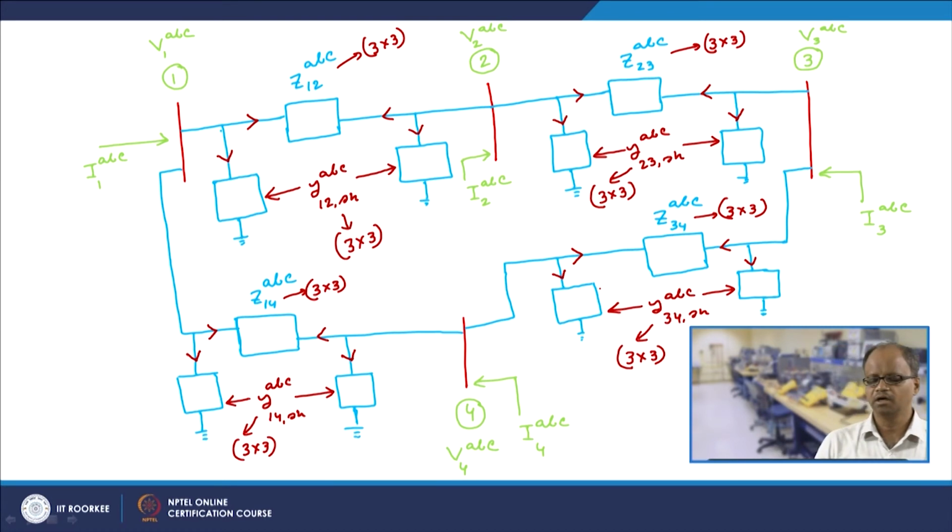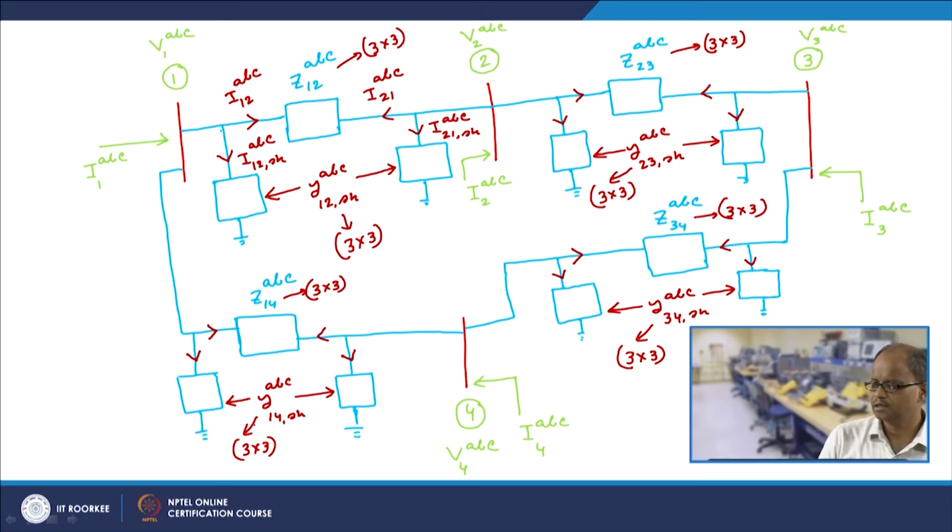Now how do I denote these currents? Let us say this current is I12 ABC and this current is I12 shunt ABC. This current is I21 ABC and this current is I21 shunt ABC.